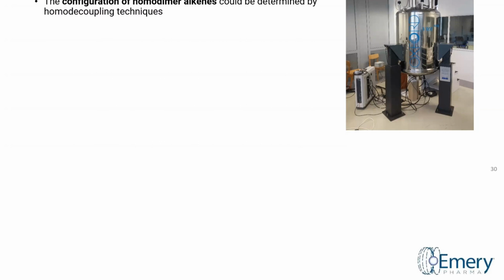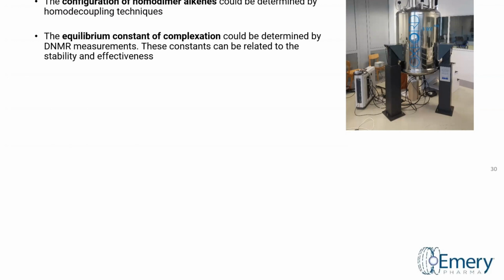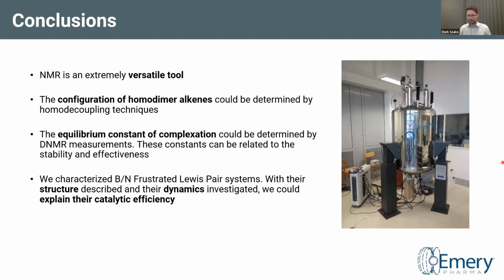So I managed to figure out the configuration of homodimer alkenes by applying certain homodecoupling techniques. I could extract equilibrium constants from the system using dynamic NMR measurements, so variable temperature NMR measurements. And these constants were important because these are related to the stability and effectiveness of the auto-activating catalysts.